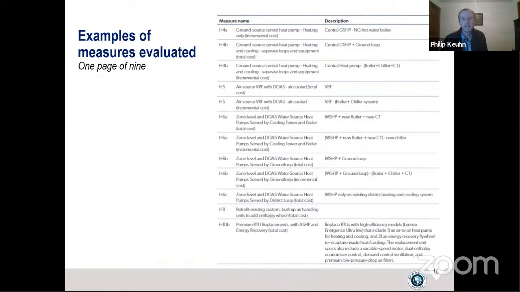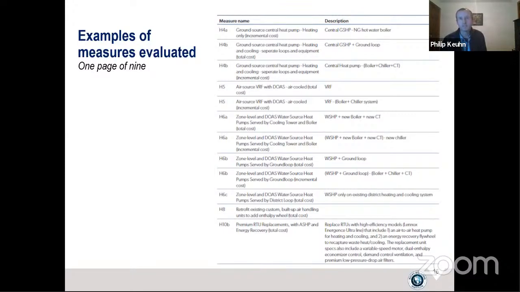This next slide is just a screen capture from the report that will be published soon, showing some examples of the measures that we evaluated. This is one page of 9 that we looked at. Obviously, not every solution was appropriate for every building. There's kind of a matching process that was required.